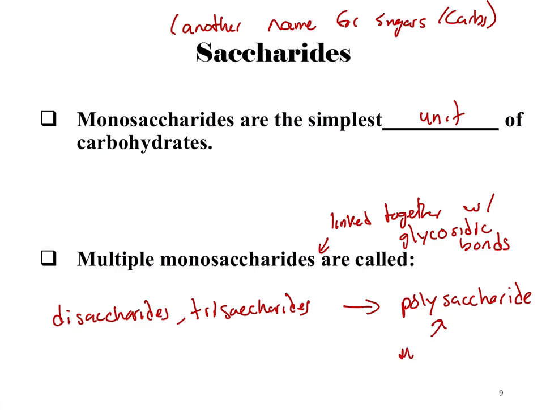And this is usually when we consume complex carbs. Mono and disaccharides tend to be sugars and stuff that we use. So sucrose, for example, is a disaccharide of glucose and fructose linked together.